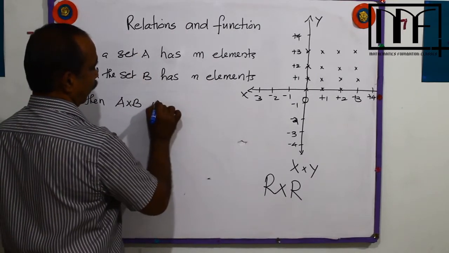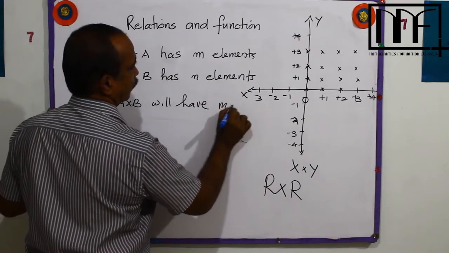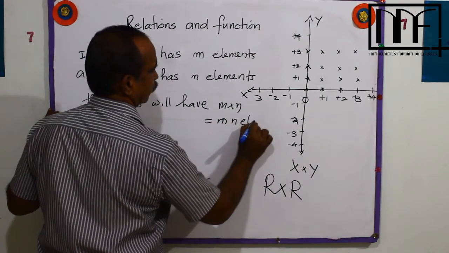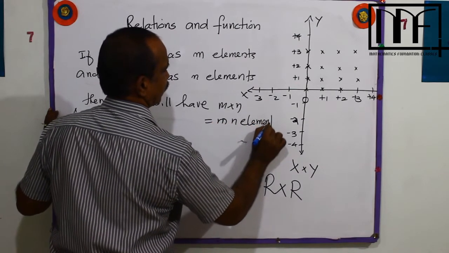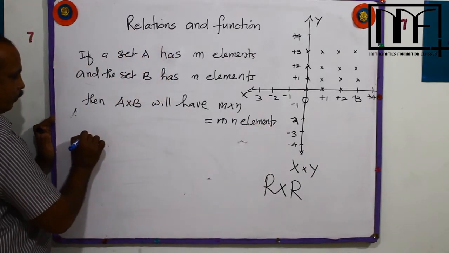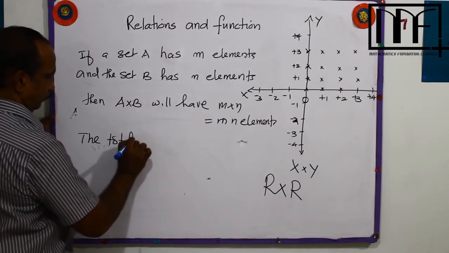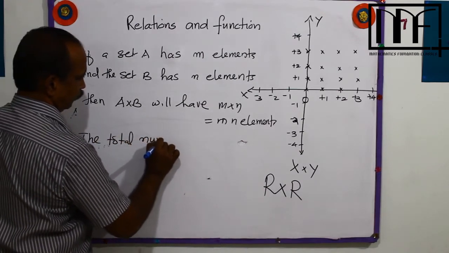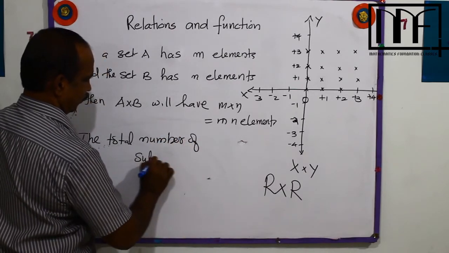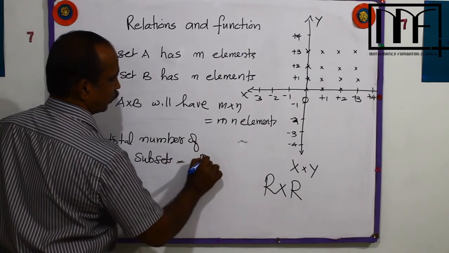All the ordered pairs will number m times n, which is mn elements. Mn elements, and the total number of subsets of the relation is equal to 2 raised to mn.